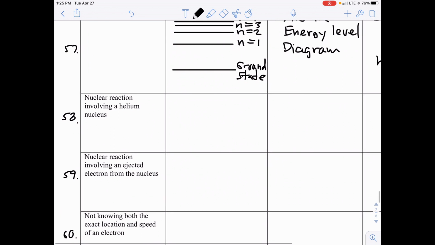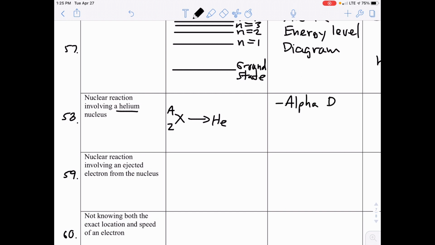In scenario 58, we are given a nuclear reaction. So let's say we have some isotope, we'll call it X, with a mass number of A and an atomic number of Z. And let's say it decays into something that has a helium nucleus. Now, that helium nucleus is known as an alpha particle.